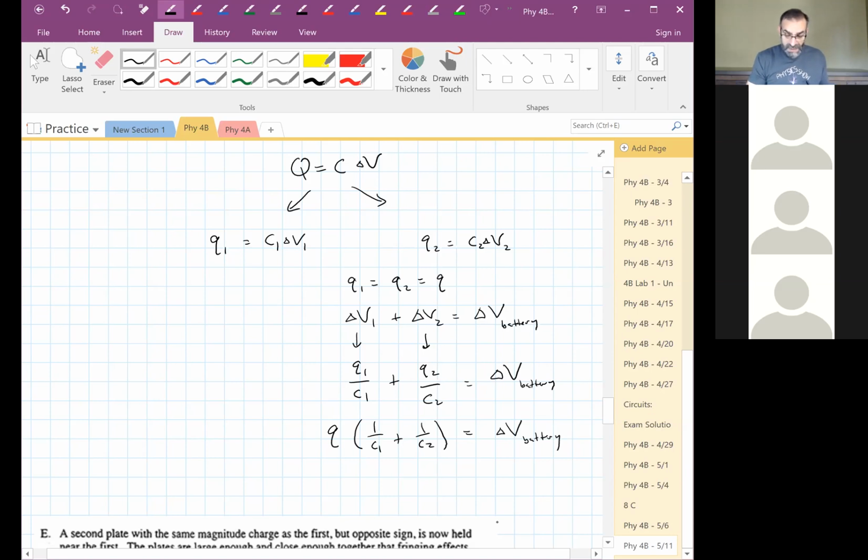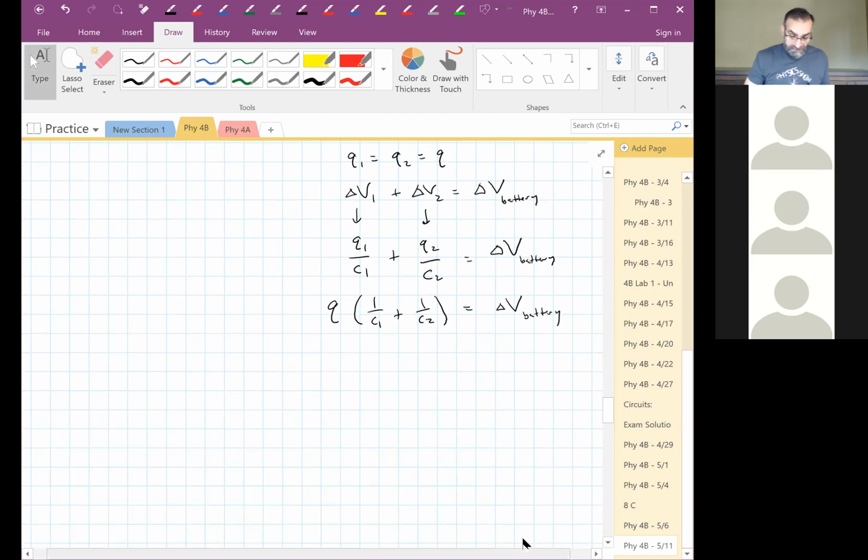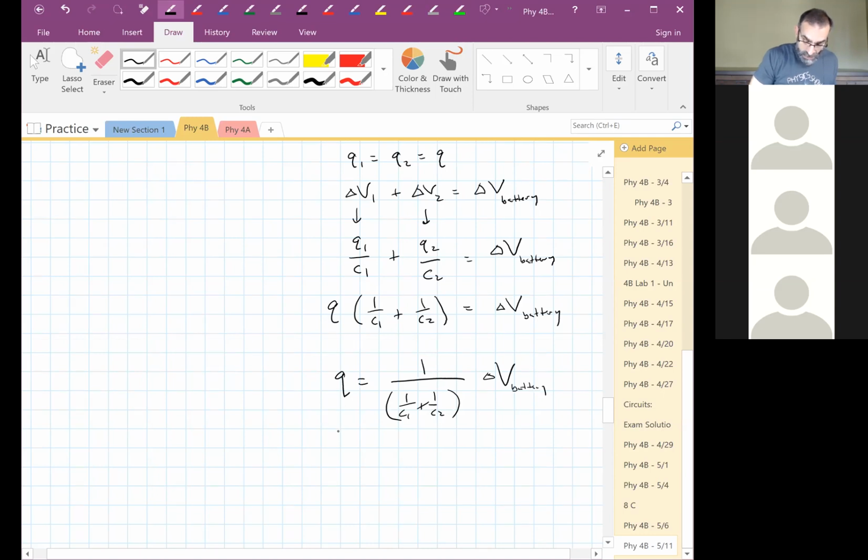And we know that Q is equal to CV, right? Q equals CV. So this is Q total. And so this thing in here must be C equivalent, right? You can do the same thing with parallel capacitors.